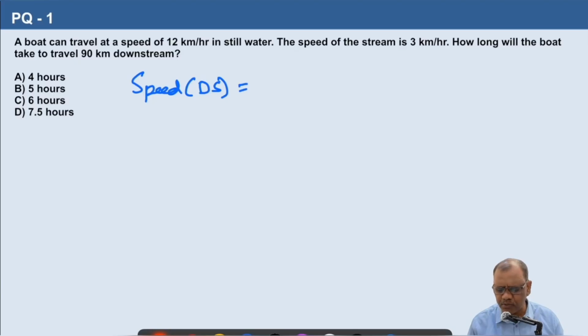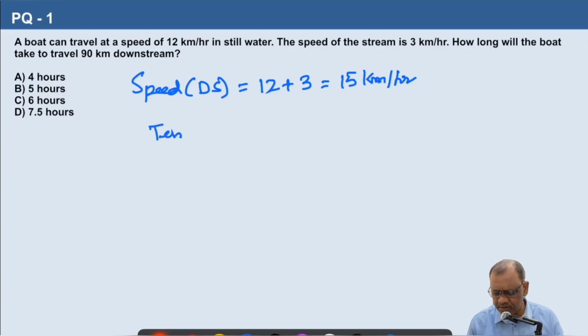So the speed of the boat in downstream, what is the formula? Speed of the boat plus speed of the stream. Speed of the boat is 12 kilometers per hour, speed of the stream is 3 kilometers per hour. So that gives us 15 kilometers per hour. This is the speed of the boat in downstream. Now we have to find the time taken to travel 90 kilometers downstream.